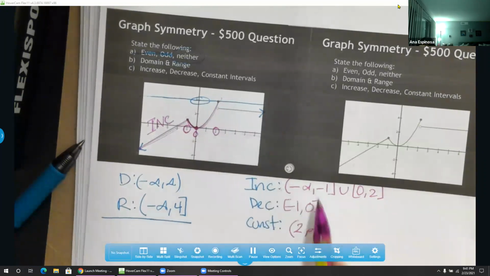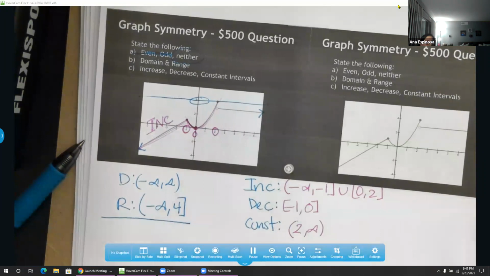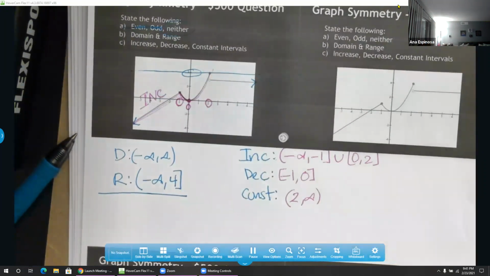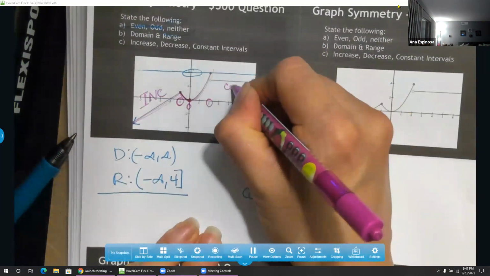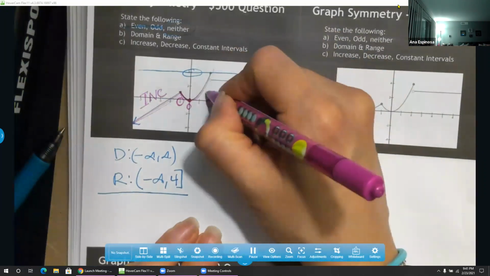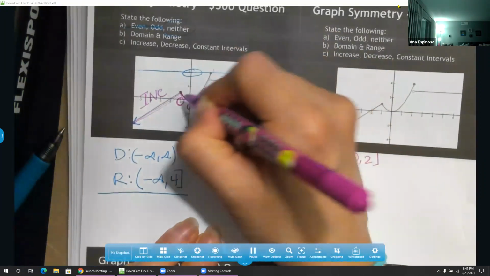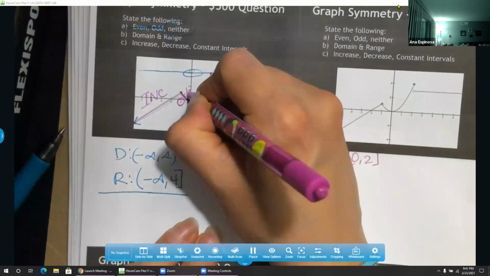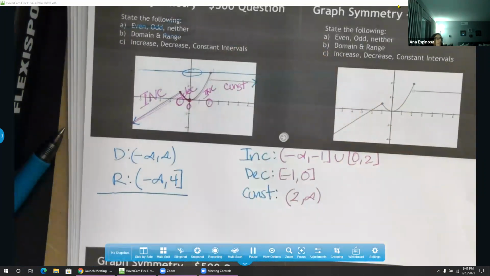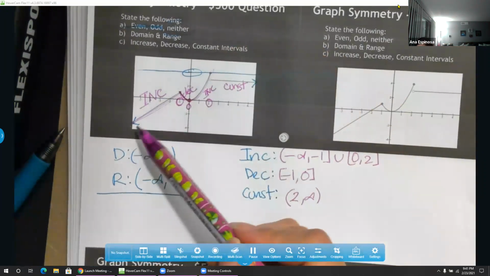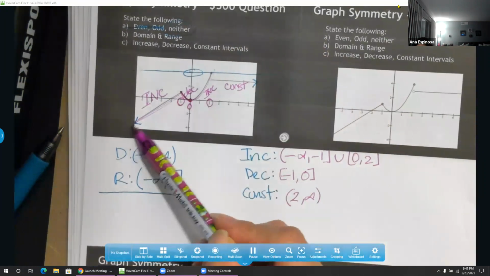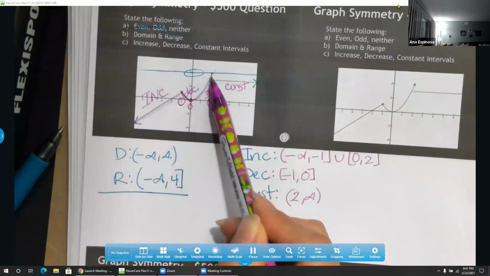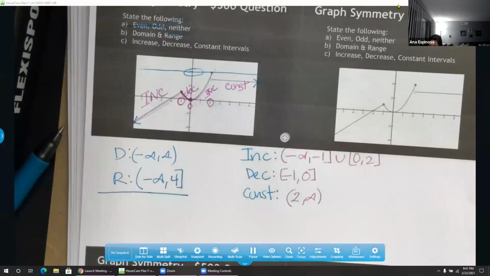And that infinity over here always has a parenthesis. Okay, so this is constant. This is increase. And this part right here is decrease. I don't know if you can see it. Okay, so you always read them left to right. Increase, decrease, increase, constant. Okay, I hope that helps.